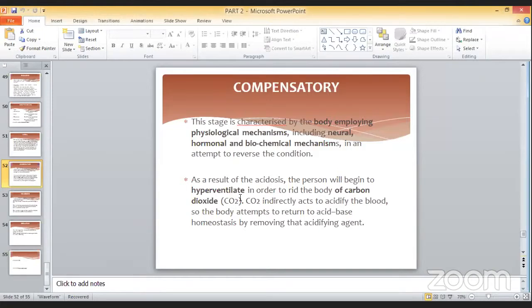If that percentage gets disturbed, that results in acidosis, and to compensate for that, hyperventilation starts. Carbon dioxide indirectly acts on acidifying the blood, no? So to get rid of that, the patient gets hyperventilated.